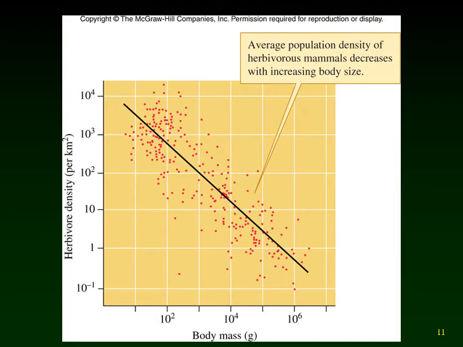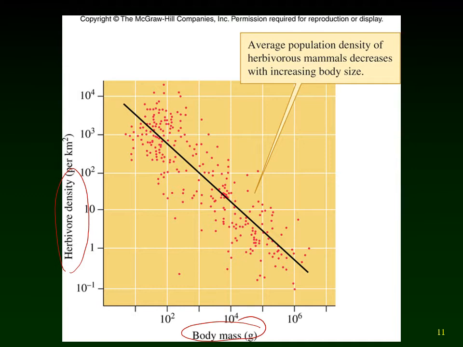Let's take a look at the data here. We've got the body mass on the x-axis, and on the y-axis we have the density of the herbivores. This is the work that was done in the 1980s by Damath.